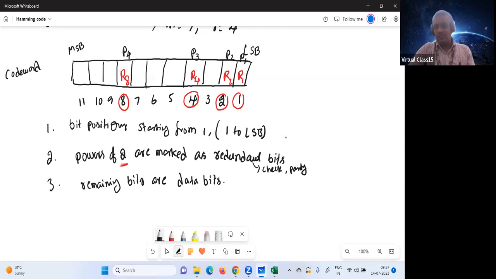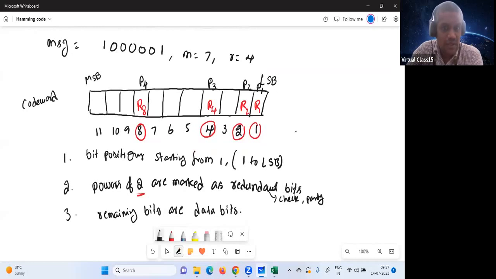Is it clear? So based on step 3, what is the message given to us? This one. So all remaining bits are your message bits, data bits.